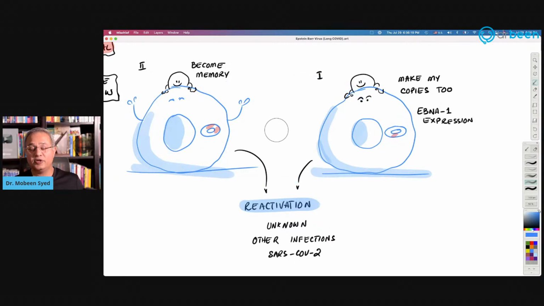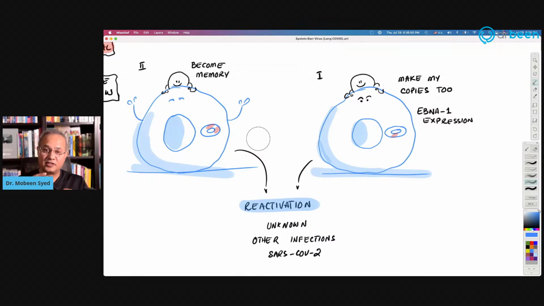Actually, we still are not clear how Epstein-Barr virus becomes reactivated. We know some of the mechanisms, but not all. In some people, it becomes reactivated, produces more cells with more plasmids or the virus genetic material in them, and then it becomes silent again. So all it does is every few months or years, it makes more daughters and then goes to sleep again.